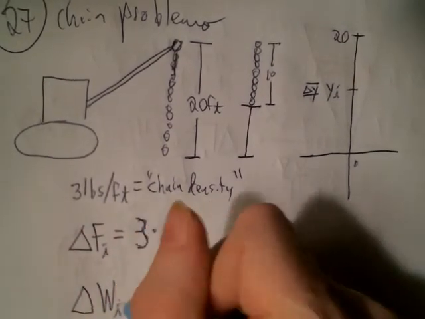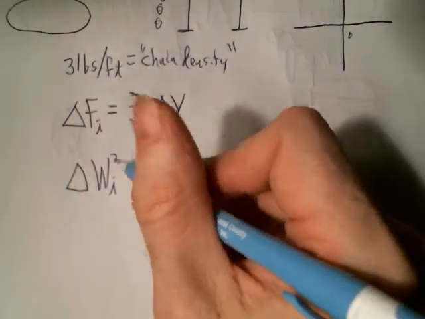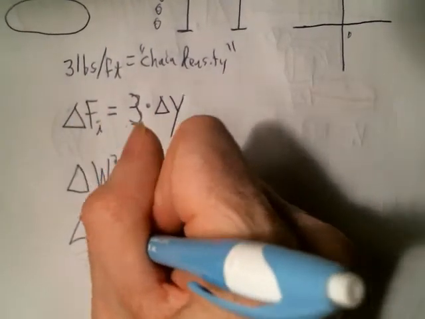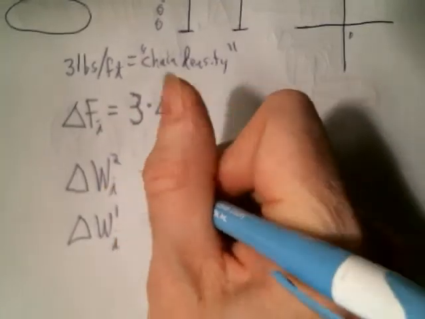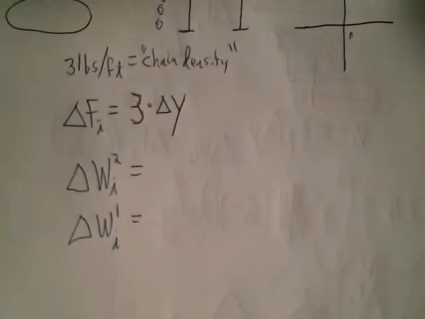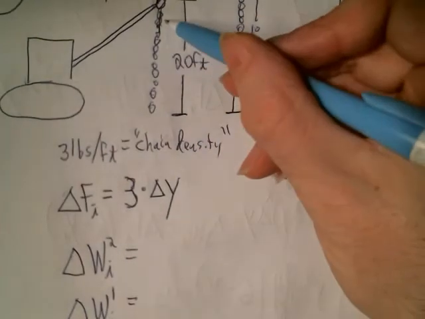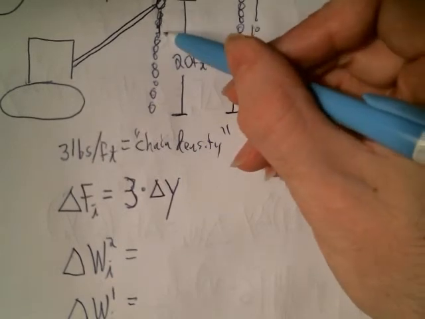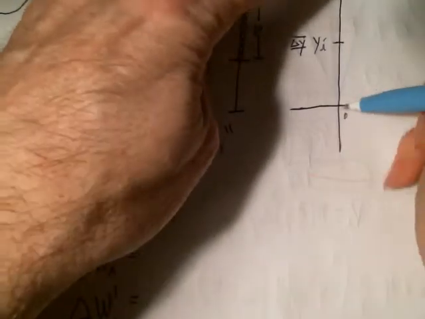Okay, so there's 2 work increments I need to worry about. We'll call one change in W superscript 2, and then the other one change in W sub i superscript 1, I guess. Okay, so for the bits that are close to the winch, the distance traveled is going to be 20.